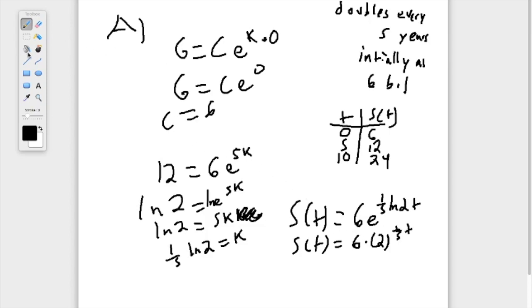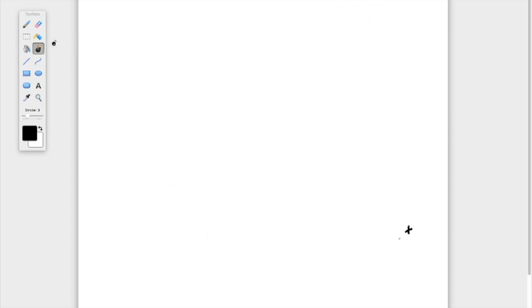Alright, so next is part B. Part B is to find the average rate of change over the 10-year period starting from 1983. So beginning of 1983. Let's make another table.